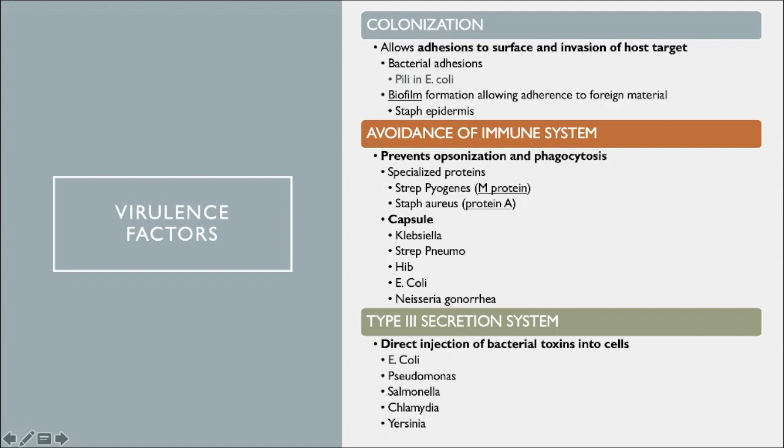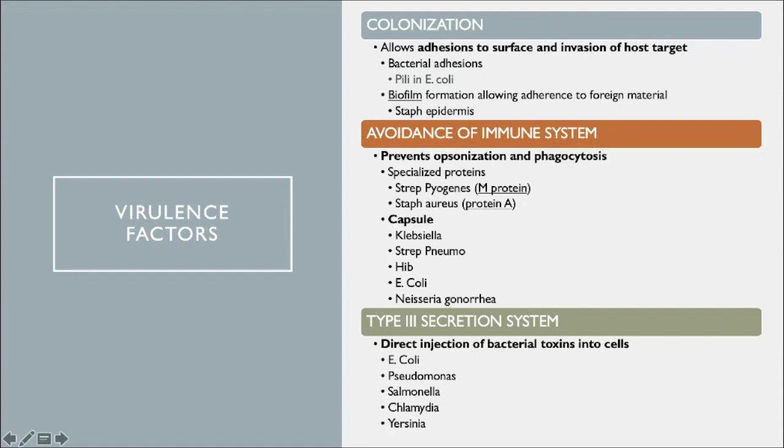So typically, whenever our macrophages come in, they try to eat the bacteria and then destroy it internally. The capsule pretty much makes them invisible to these phagocytes, so they can't be eaten and destroyed. The key players here are going to be your Klebsiellas. Strep pneumo is encapsulated, as well as Haemophilus influenzae type B, and some variants of E. coli and Neisseria.